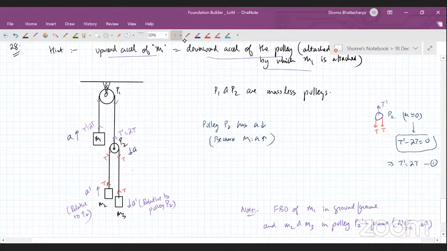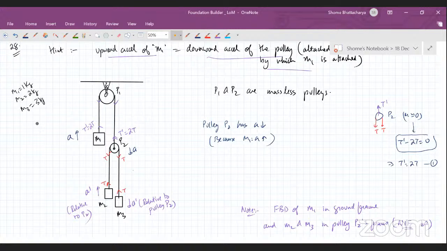Okay, so this is what we have to do here, and of course, given the masses are 1 kg, 2 kg, and 3 kg respectively. So next up, make the free body diagrams and use them to calculate A and A prime.